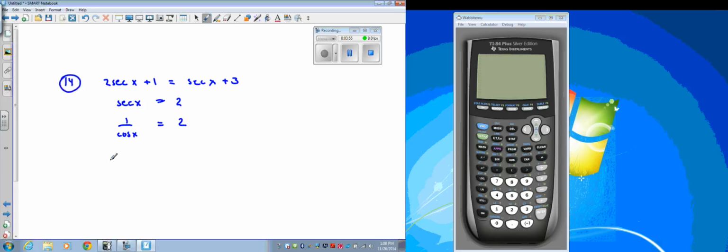So what values of x between 0 and 2 pi are cosine 1/2? Okay, pi over 3. Does everyone agree? Does that make sense?